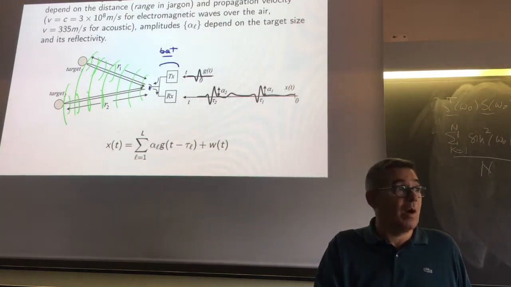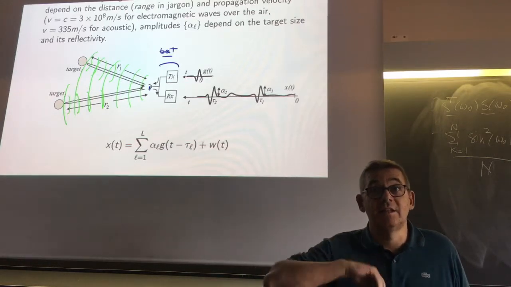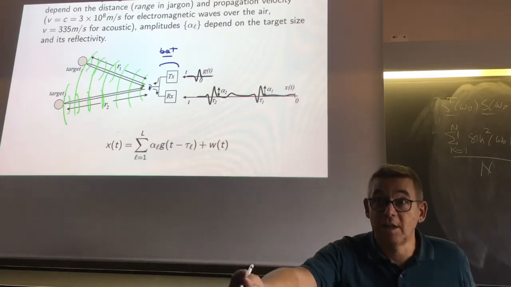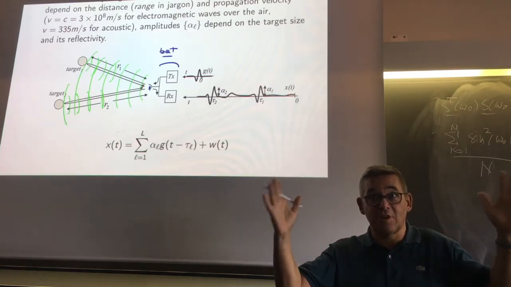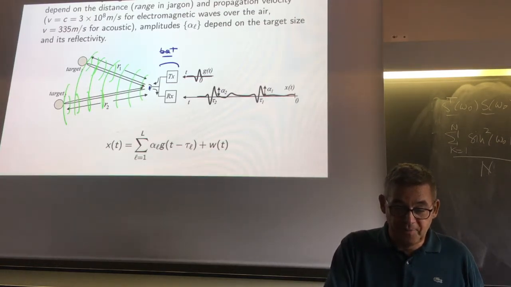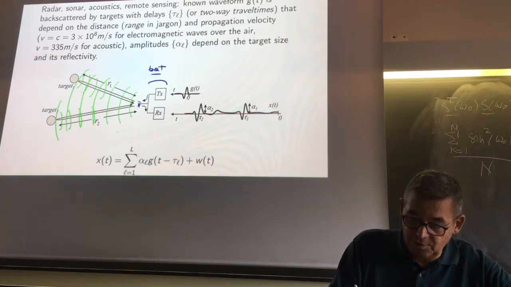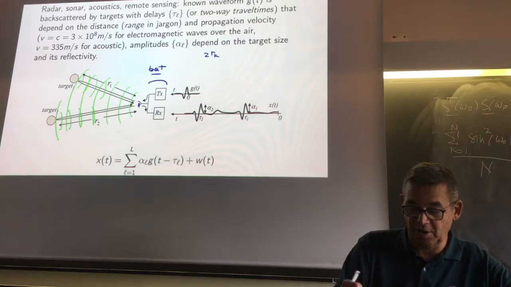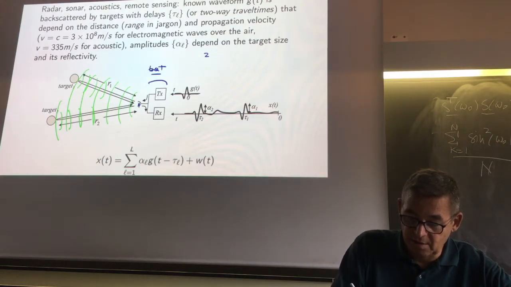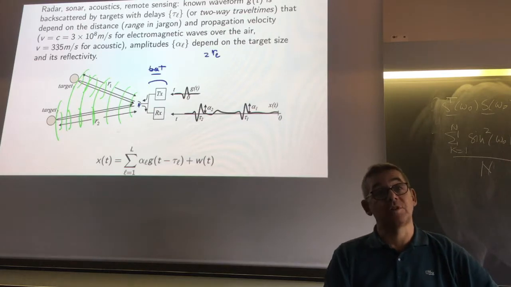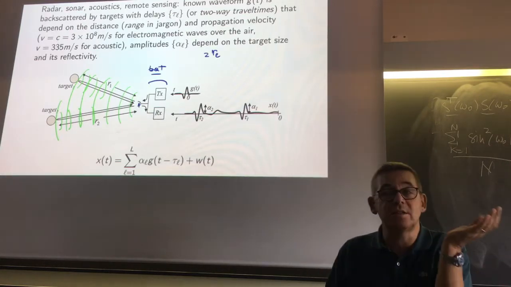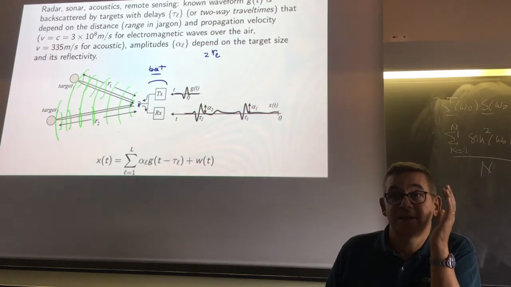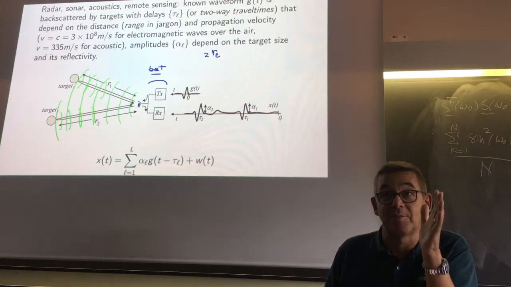The distances R1 and R2 are traveled twice, because you need to go to R1 and come back. So the length traveled is 2 times R. So totally I travel 2 times R_L, an arbitrary distance, which we call L. On the other hand, I know that the propagation speed is space divided by time.